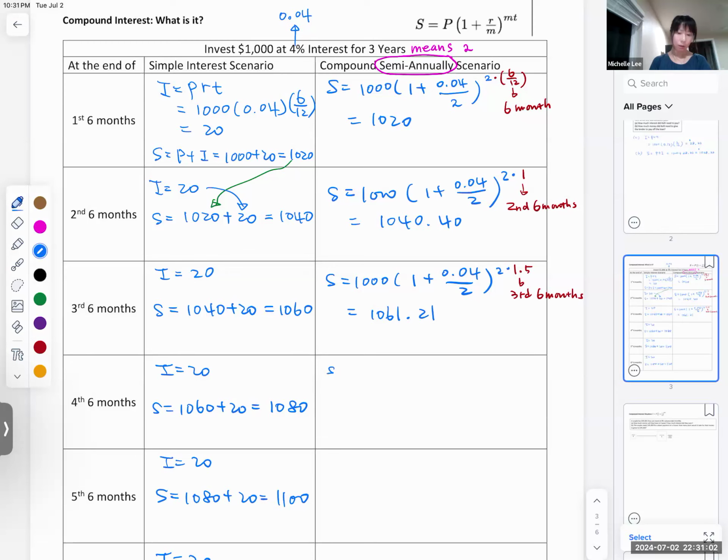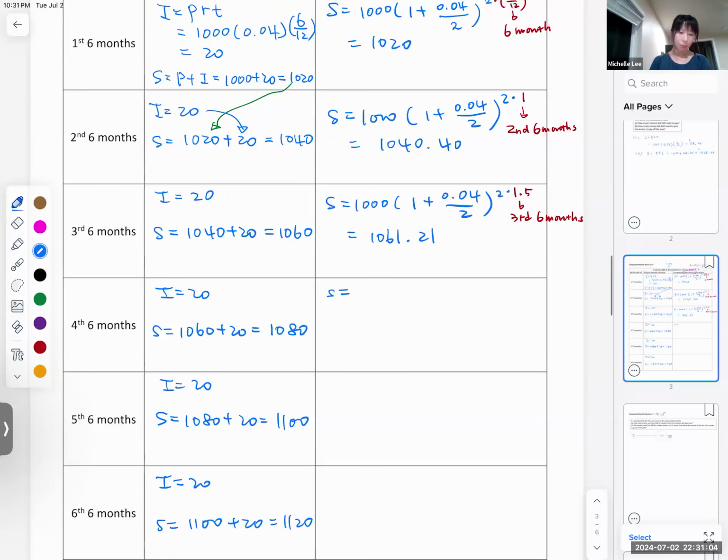Okay, next one, same, 1,000 times 1 plus 0.04 over 2, and the fourth 6 months means 2 years, so 2 times 2 years. Then if we calculate, that's $1,082.43.